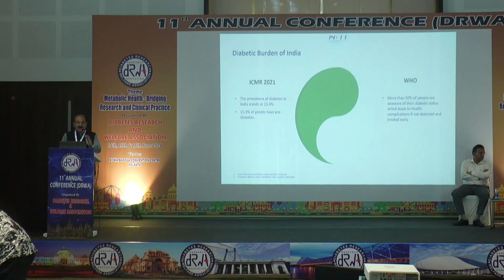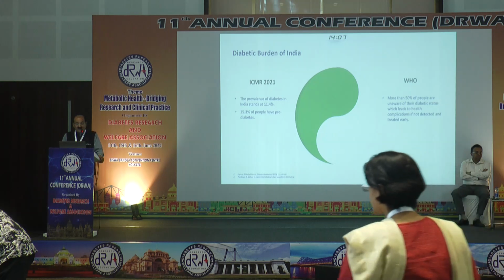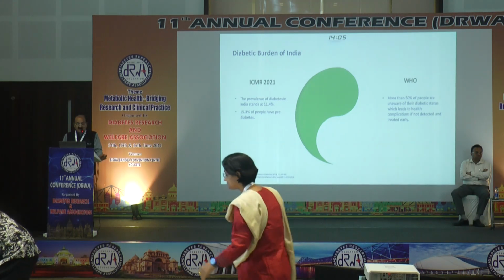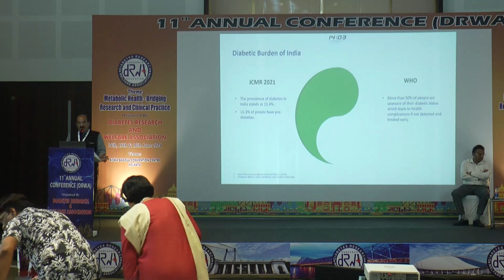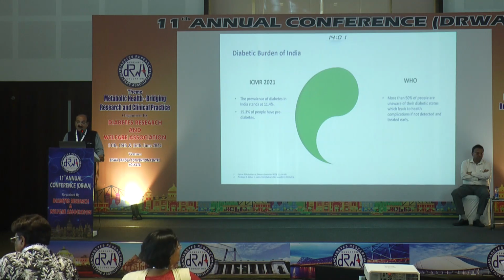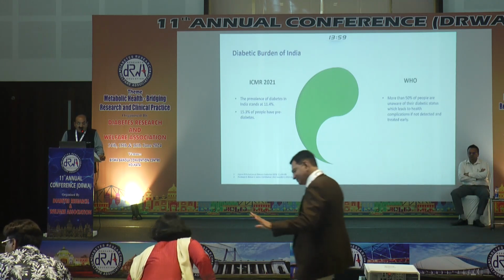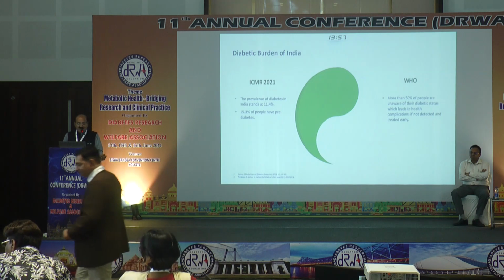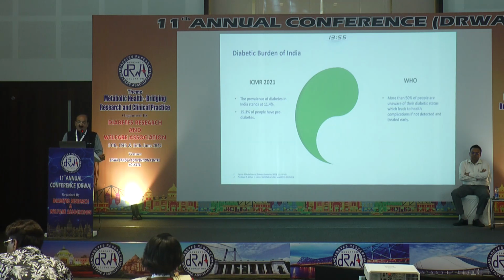So when we talk about the diabetic burden of India, the current figures, ICMR of 2021, suggested that the prevalence of diabetes in India today is close to 11.4%. But what is even more alarming is that you have almost 15.3% of people having pre-diabetes.